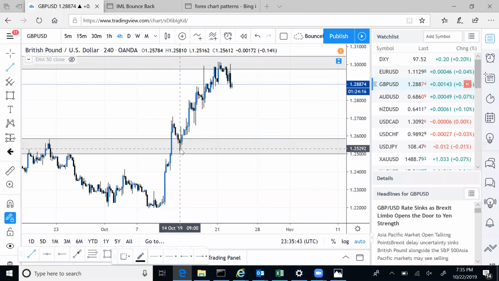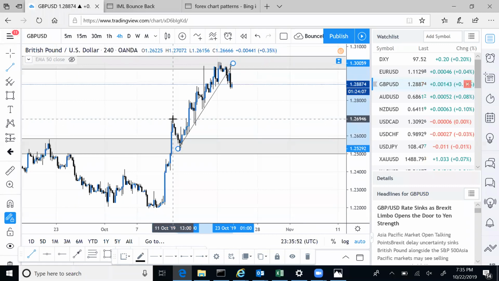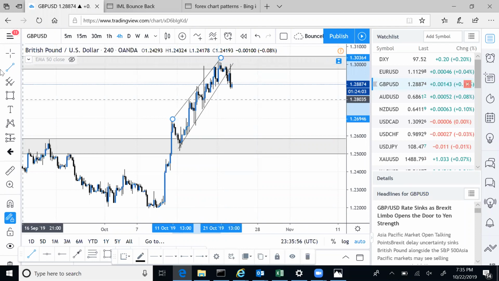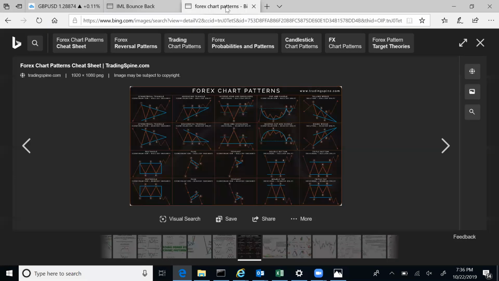So using your trend lines, we're now going to identify the pattern that the market is creating, right? So I just want you to identify the pattern. And when we see this, and we go to that pattern, what does it look like?